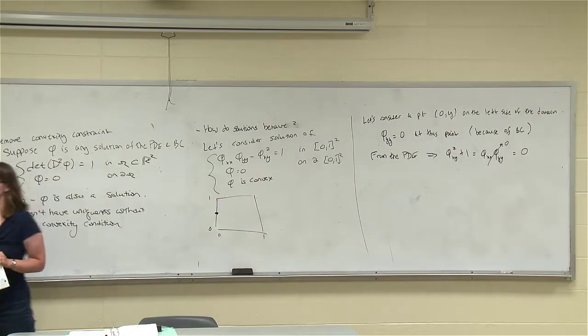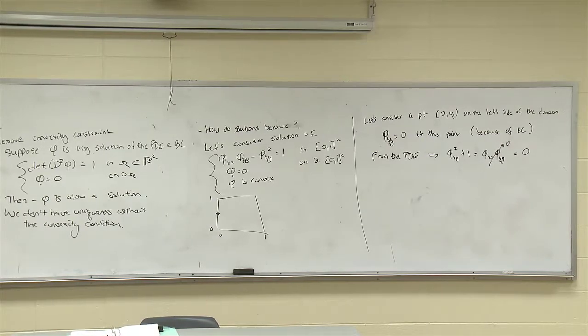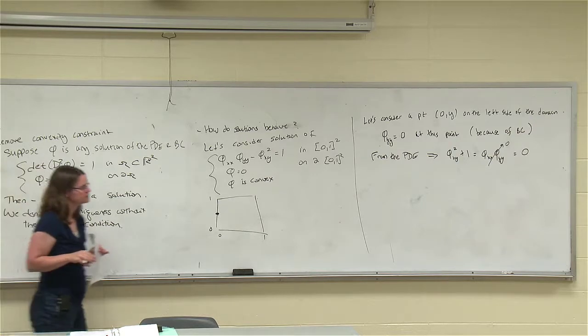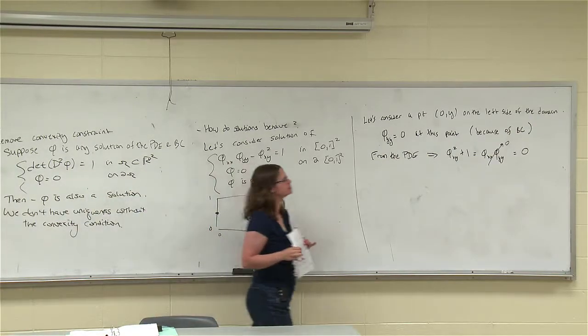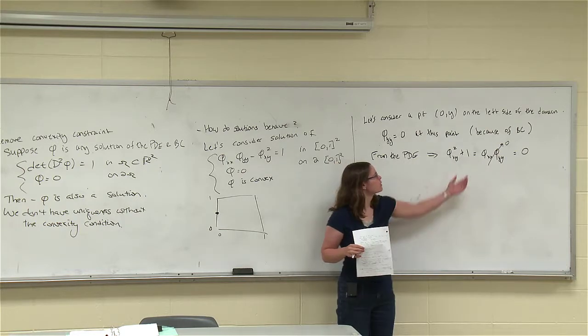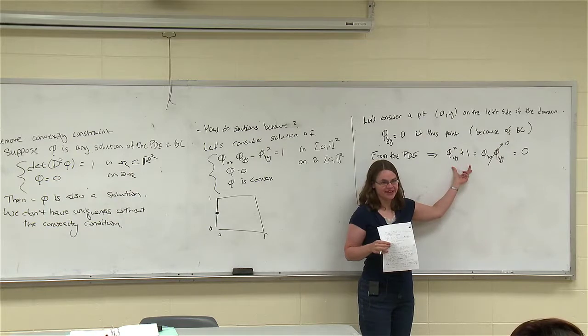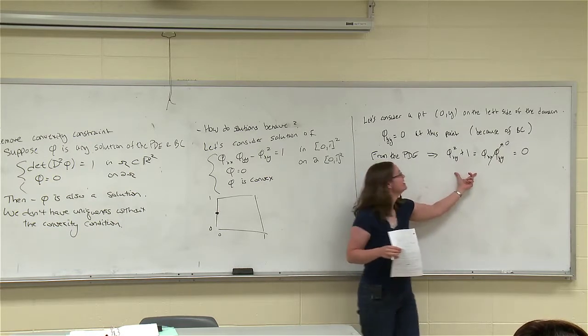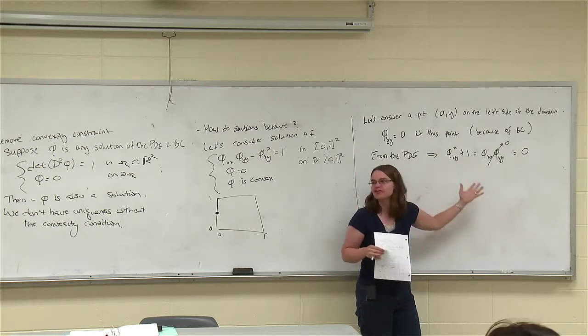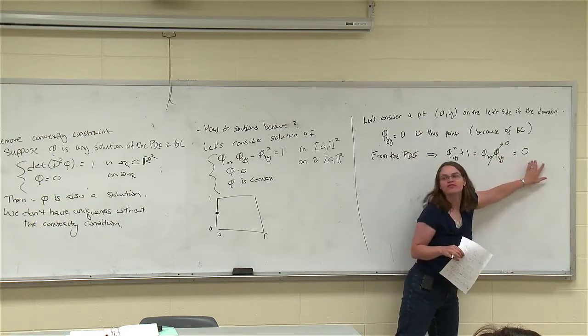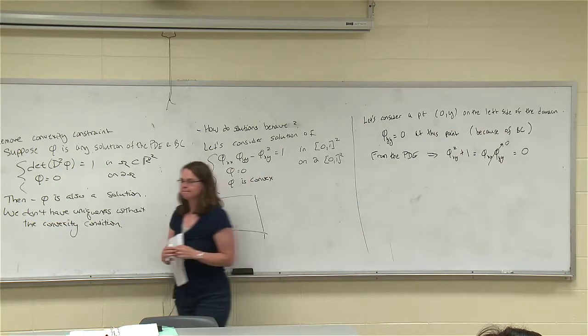Okay, so what does that tell us about phi? What functions phi make this true? You're having trouble coming up with one, I hope, right? This is a problem, right? Here we've got something, if phi is a real value, which we're expecting it to be, right? Here we've got something bigger than 1, and here we've got something that's equal to 0, and this doesn't work.